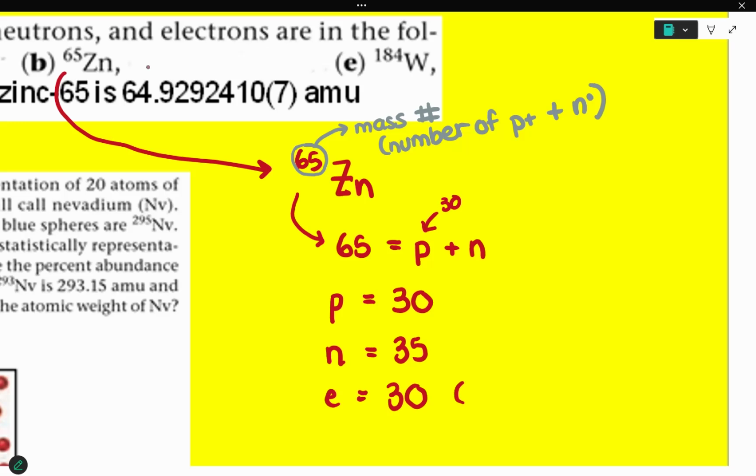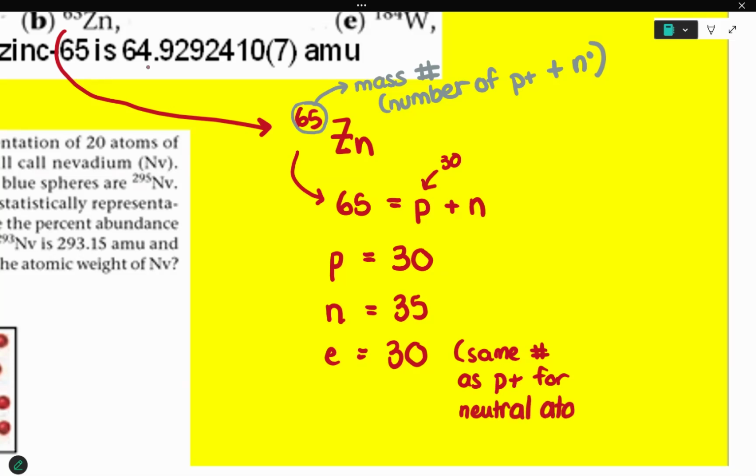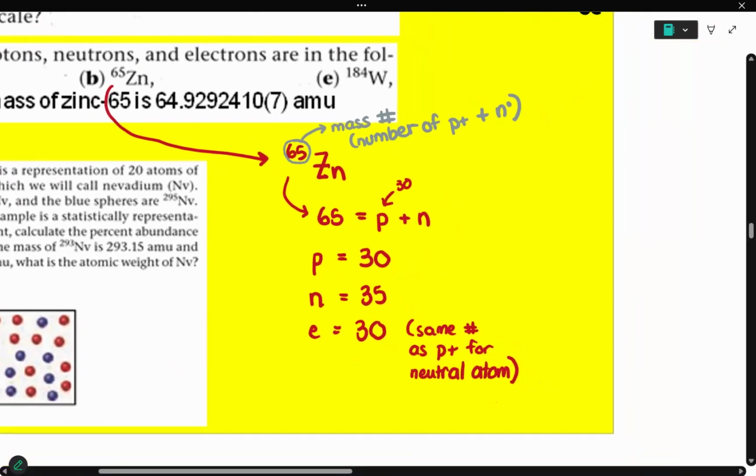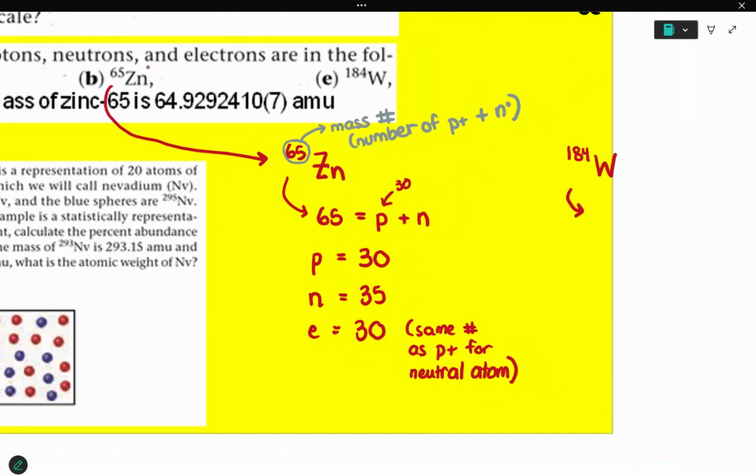And we need to have the same number as protons if you want it to be a neutral atom. So I want you to try with tungsten next. So you see the W there. So we have 184 W. So that's tungsten. I want you to figure that one out.